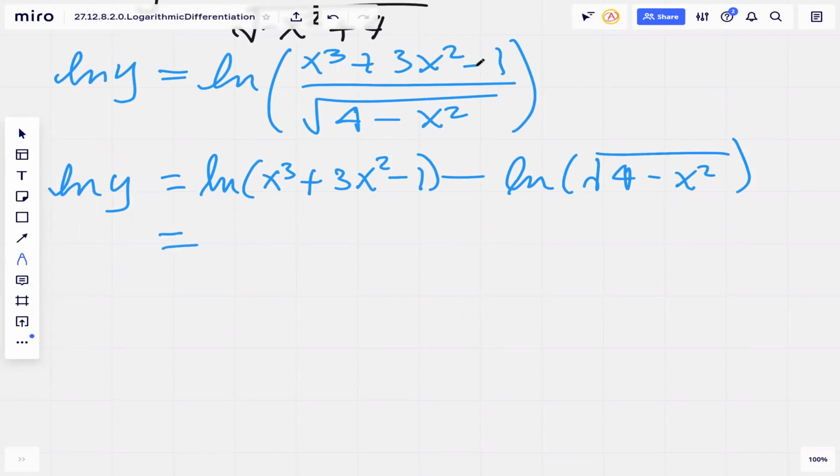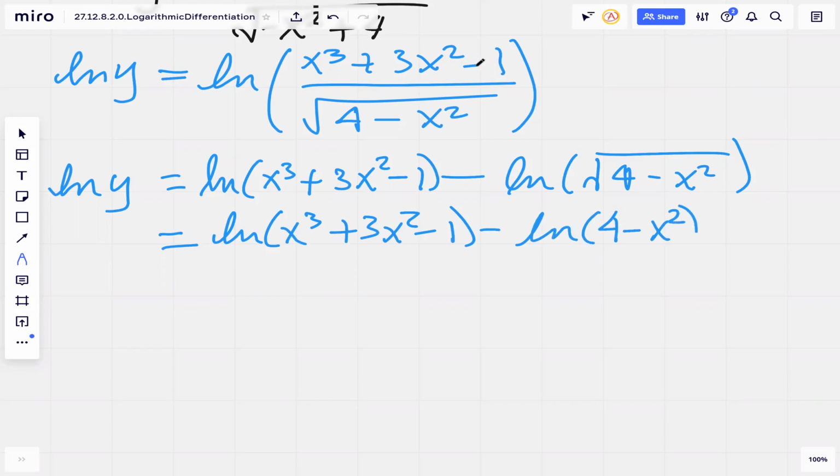Let's simplify the right-hand side a little bit more. We can't simplify the first term anymore. We just have ln of x cubed plus 3x squared minus 1. However, ln of the square root of 4 minus x squared we can write as ln of 4 minus x squared raised to the power 1/2.